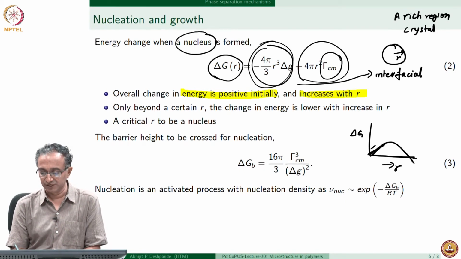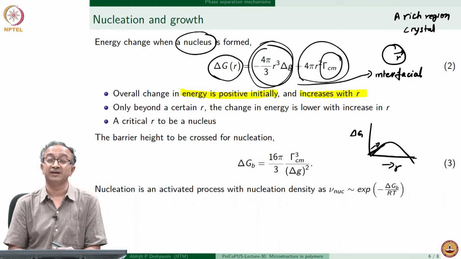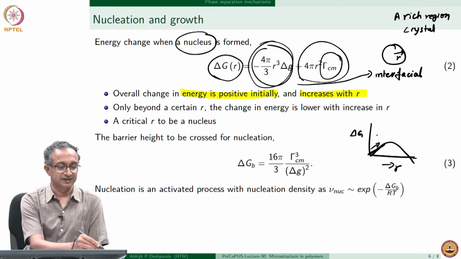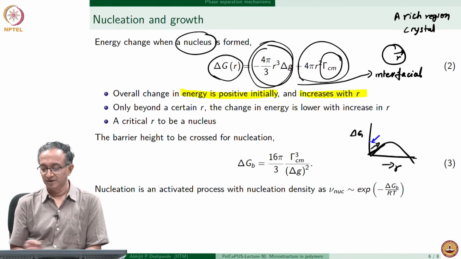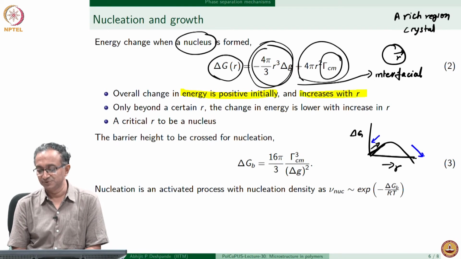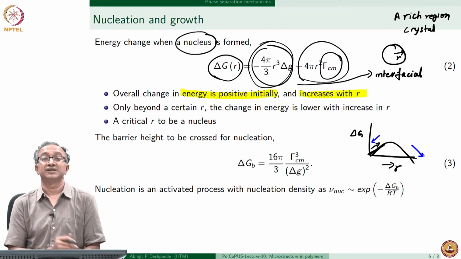So as soon as, due to thermal fluctuation, a small crystal or A-rich region is formed, there is a tendency for it to melt back, because that's how the delta G is lowered. But if you go into this region, then you see that delta G will spontaneously decrease.